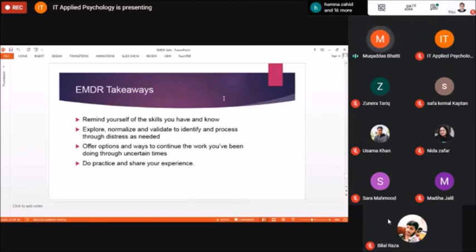And we need to explore, normalize and validate, to identify and process through distress as needed. These are very simple and very easy techniques that anyone of us can practice.